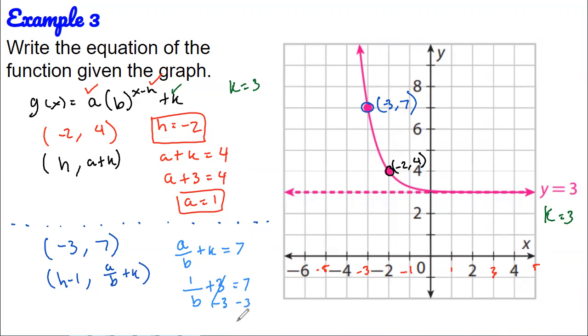Subtract 3 from both sides. We're left with 1 over b equals 4. Perfect. Now we're going to go ahead and cross multiply, then divide. So b equals 1 over 4. Awesome. All right. So we have b.